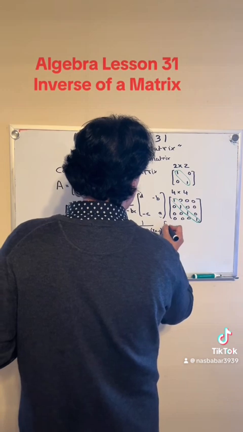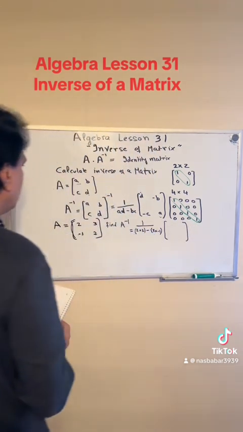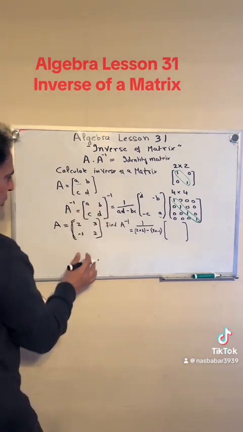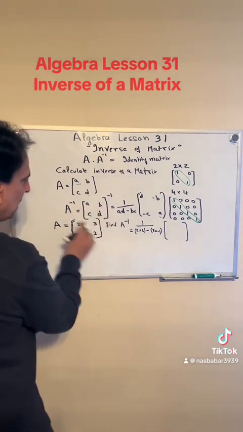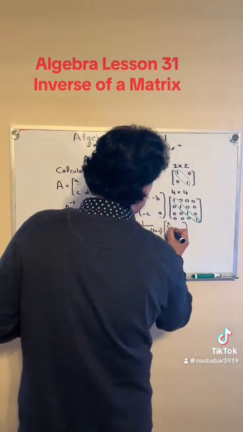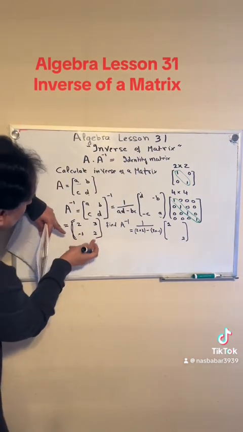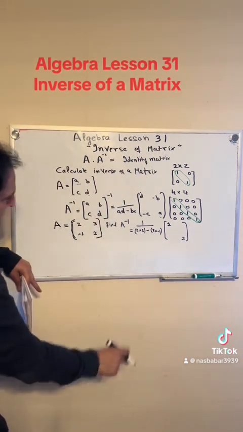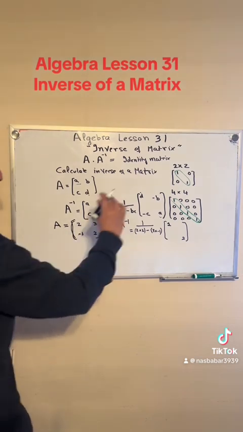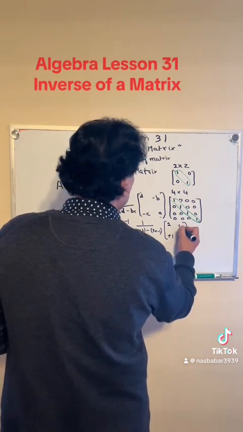Right here, I'm going to do what I showed you in the formula. 2 and 2 are going to flip, but in this case 2 and 2 are the same, so it doesn't really matter. In reality, if this was 3, 3 would go here and 2 would come down. Then I keep these and flip the sign, so minus 1 becomes plus 1 and 3 becomes minus 3.